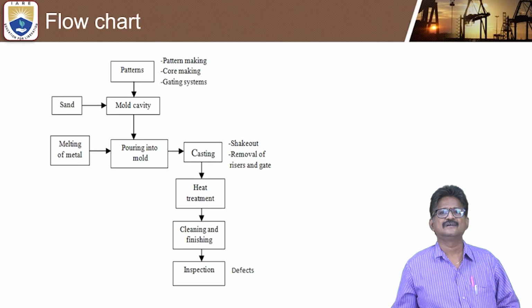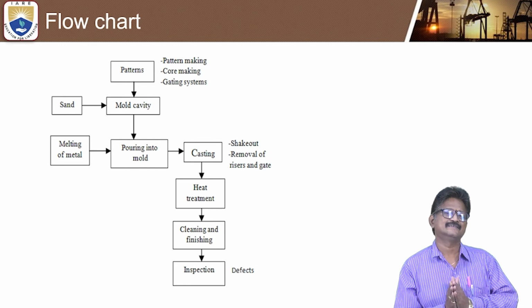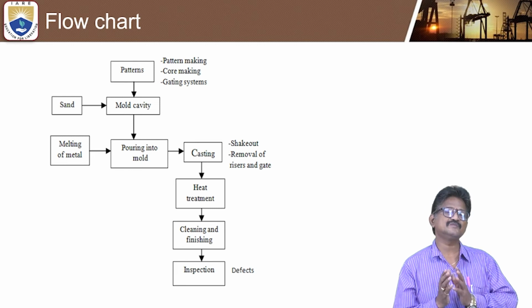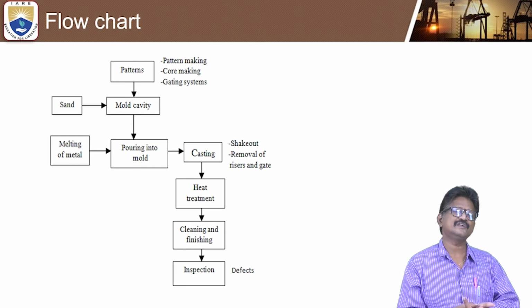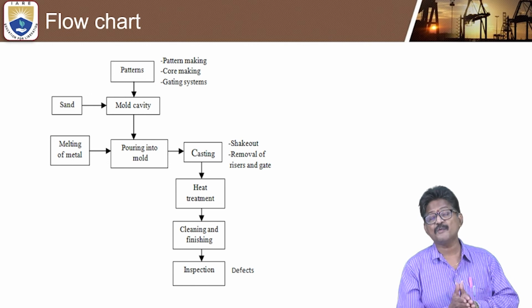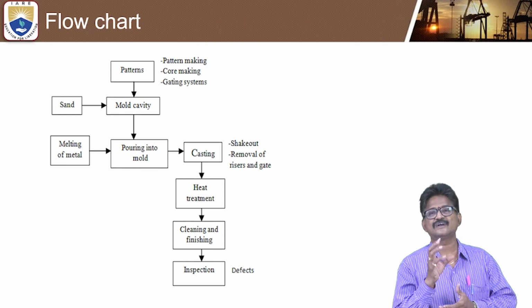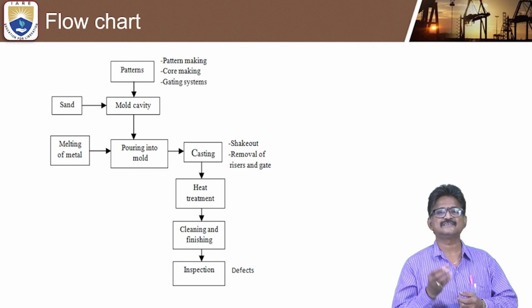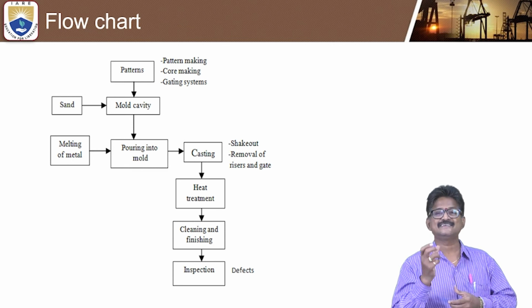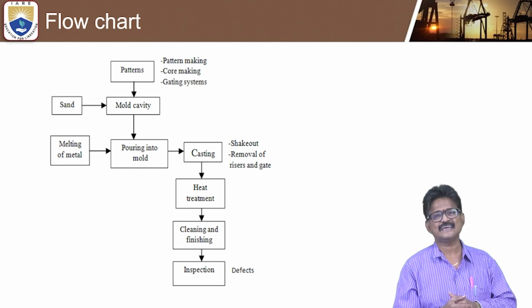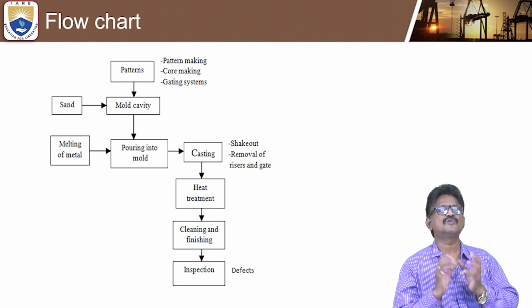Look at this flow chart. Today I have completed the pattern. Similarly, you can prepare the mold cavity by using hand molding or machine molding. Then there is the preparation of the sand, and the sand properties, where one most important criterion to understand clearly is permeability, green compressive strength, and flowability, so that you may get a sound mold cavity.